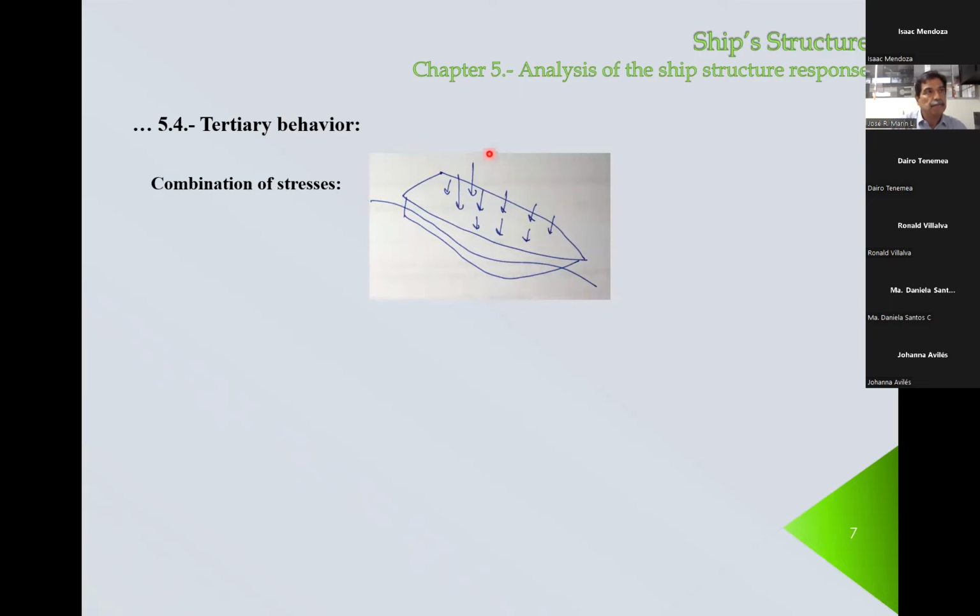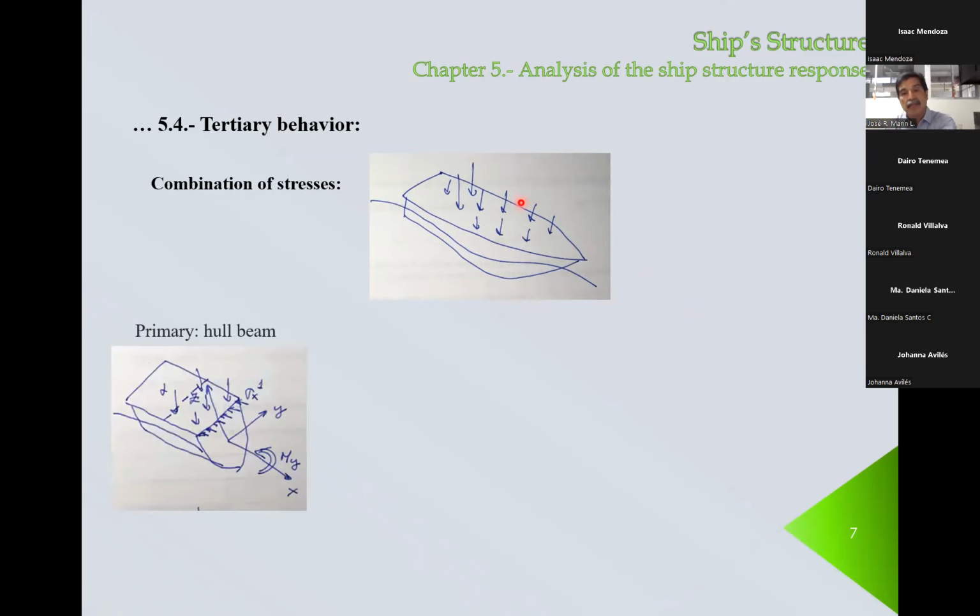Okay, we have a ship, and here I have waves. That means that we have dynamic pressure, hydrostatic pressure, and we have the weight, and because it's dynamic pressure, there is an acceleration. So all of that produces a general loading on the hull.